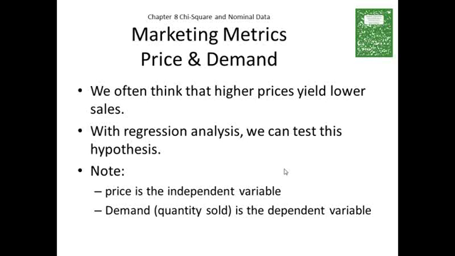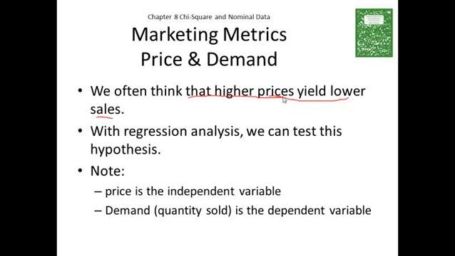Now, in looking at regression, we've also looked at correlation and other factors, causation. One of the things that as marketers we worry about a lot is our pricing and our quantity sold. We often believe that higher prices yield lower sales, which is true for most products. It's not true for all products.